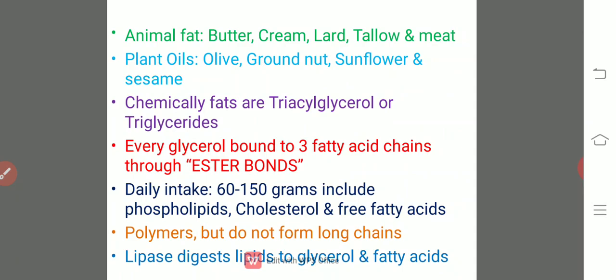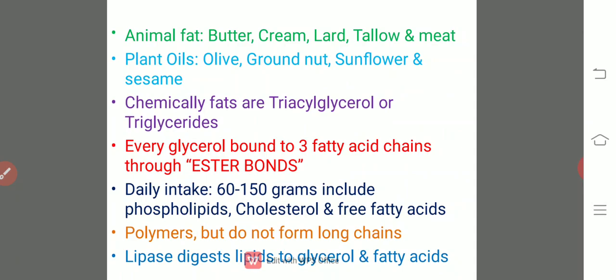Due to various reasons, the fats, otherwise the lipids, may not be digested completely. 100% digestion is highly impossible, and thereby the end products of the digestion of lipids are fatty acids, glycerol, and along with them we also find monoglycerides and diglycerides.